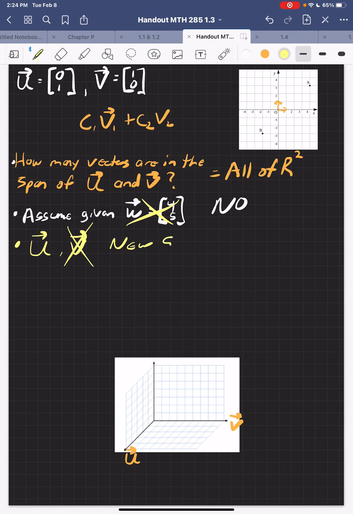What would the new span be? Well, since I no longer have vector v, by the way, my apologies, in case you haven't already noticed it, I used the language of v sub 1 and v sub 2 instead of using the language of u and v. Not that it changes anything that I've said so far.